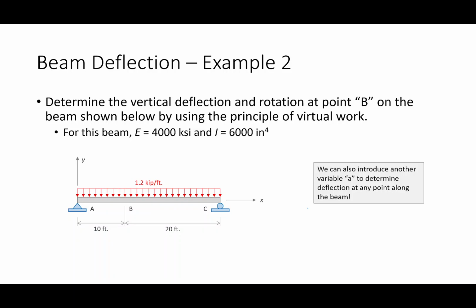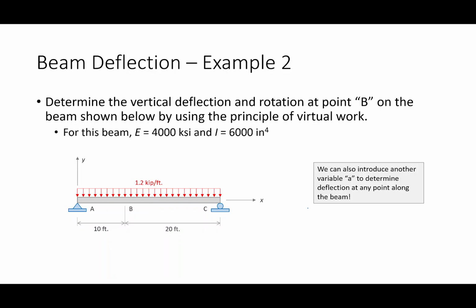So we're going to say its E value is 4,000 KSI, and because it's concrete, it's got to be a really big beam in order to get the same stiffness. So we're going to say its I value is 6,000 inches to the fourth. So it's a really big beam made out of concrete. So far, so good? Now, I'll address this point a little bit later. I'm just going to ignore that for right now, but we'll address that later.